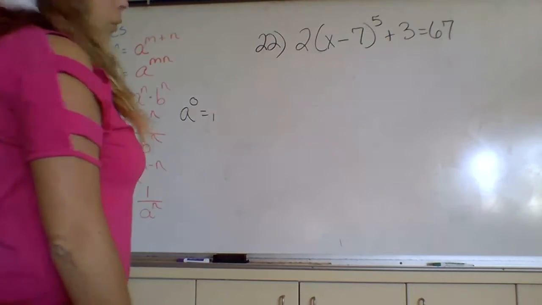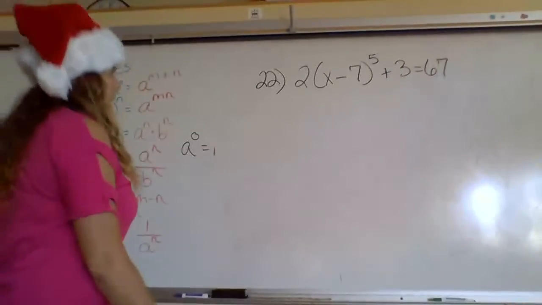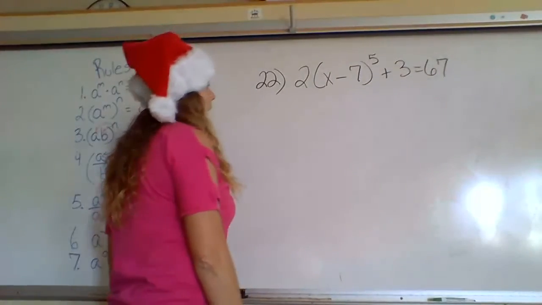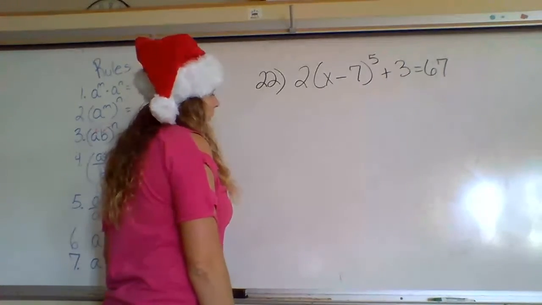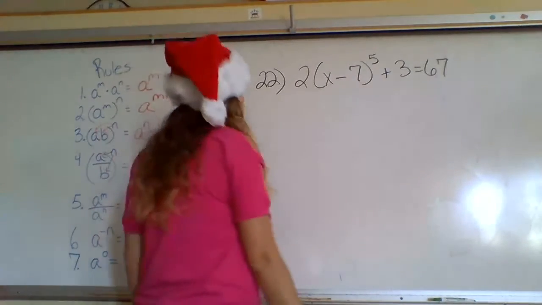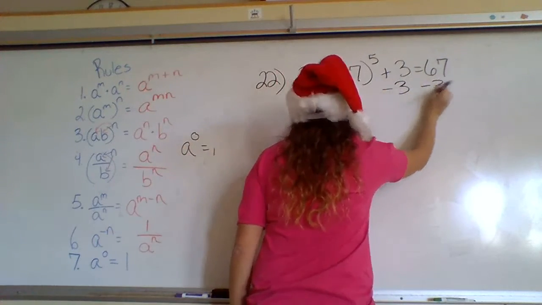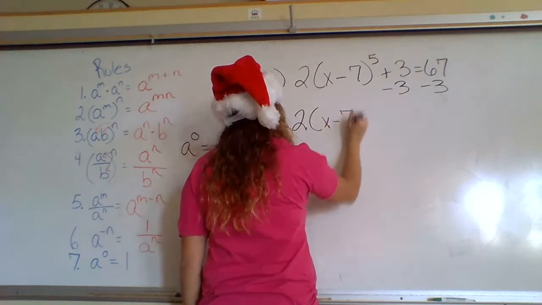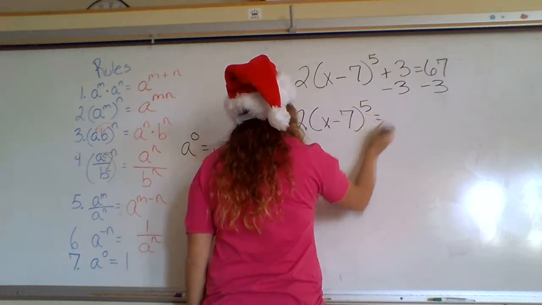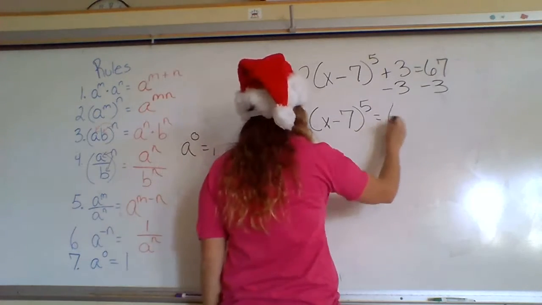Okay. Whew. So take it step by step. We're going to solve this for x. First thing, I'm going to subtract 3 from both sides. So then I have 2 times x minus 7 to the 5th equals 67 minus 3, which is 64.